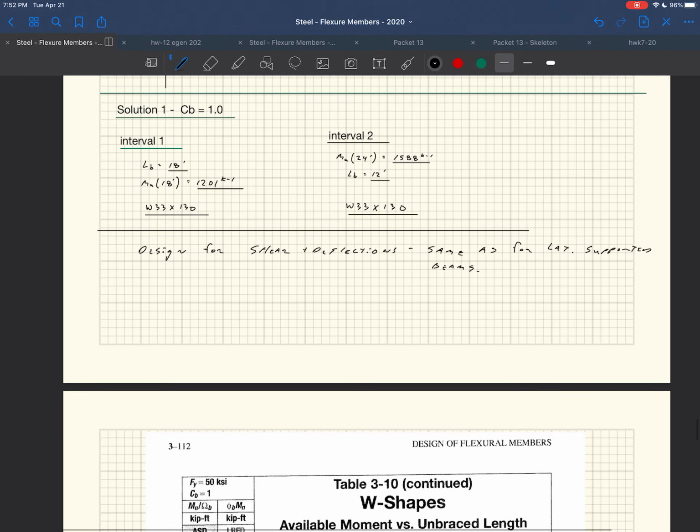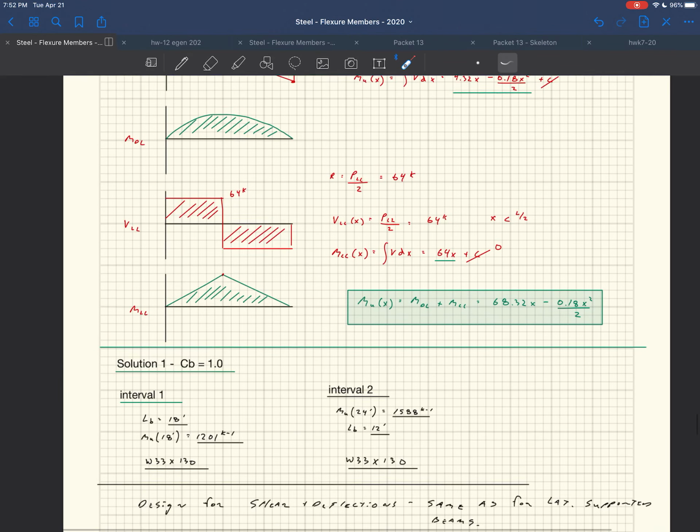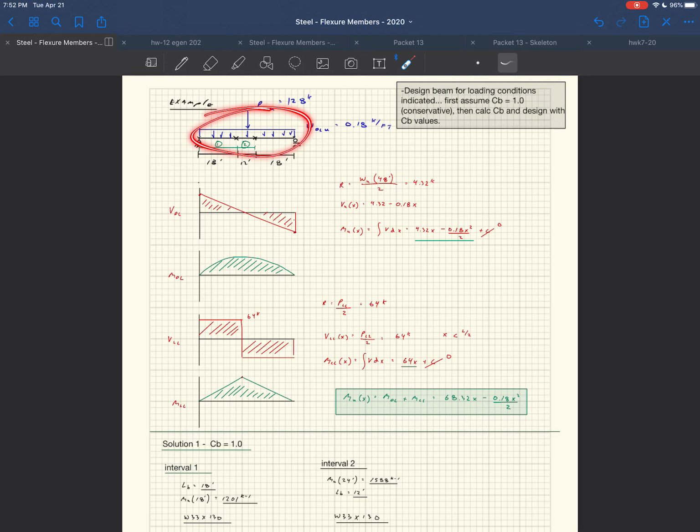Okay. So there's nothing new there, right? Literally, you look this up in your Z tables. It would tell you what phi Vn is. It would tell you what your I was. You would look up to see what the deflections of a distributed load and the point load are, 5wL to the fourth over 384EI, PL cubed over 48EI, right? You'd have those deflections and you compare those to the limit.